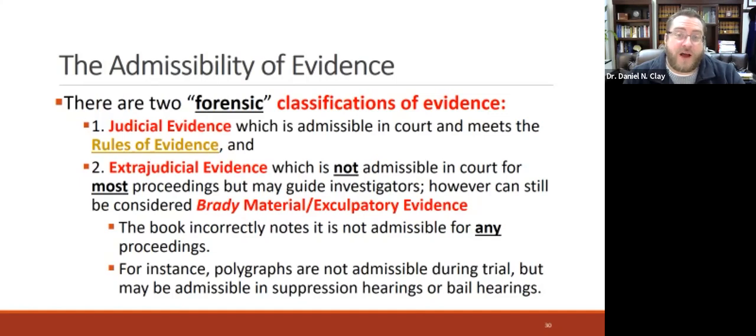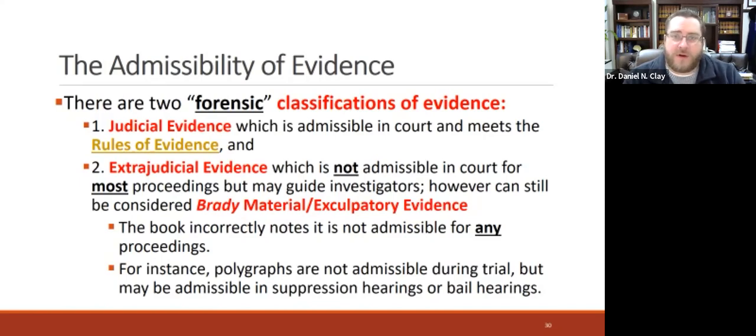So the defense often can use extrajudicial evidence, depending on the situation, and on the basics of fairness, to show the court that they didn't do it. Extrajudicial evidence may not be admissible by the prosecution; it may or may not be admissible by the defense. It can be good for the prosecution, but the prosecution has to figure out ways to prove what they already know, or at least show that it exists.